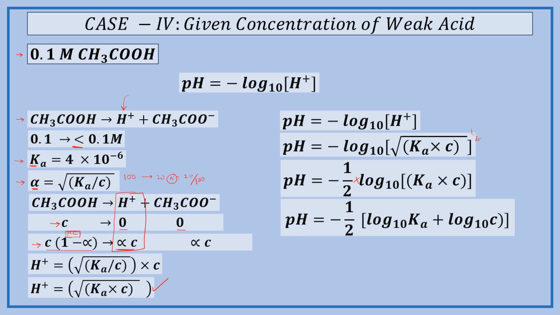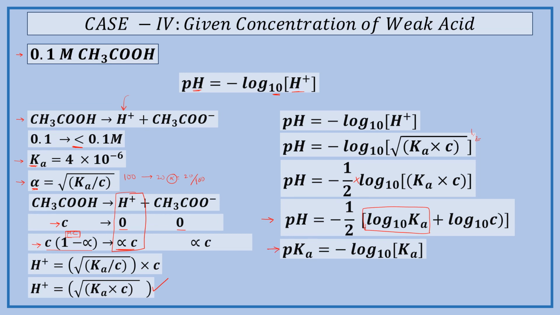And now at this point we can define a new term, just like we have defined pH as the logarithmic value of H plus base 10. We can give this expression a new name, that is pKa. It has the same definition as the pH.